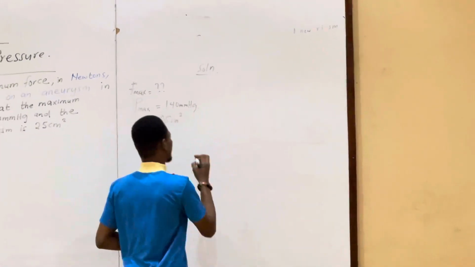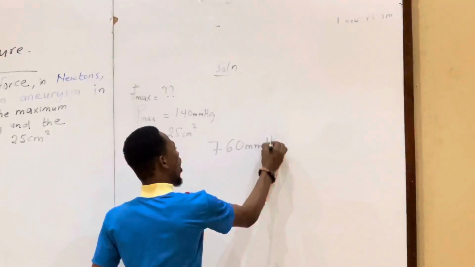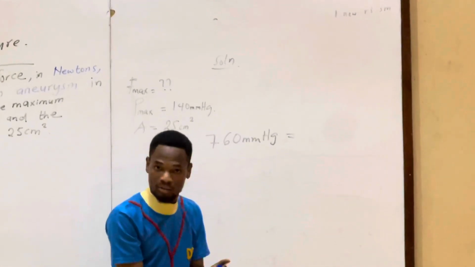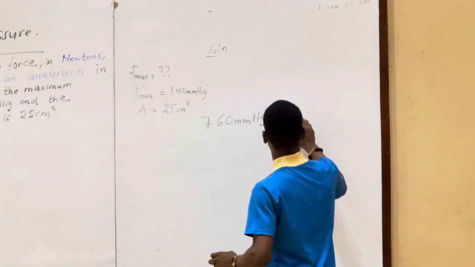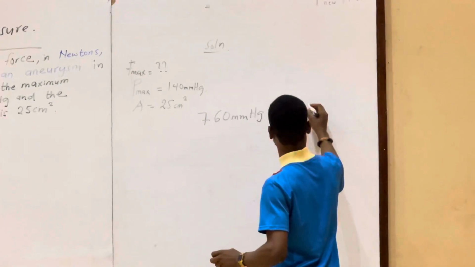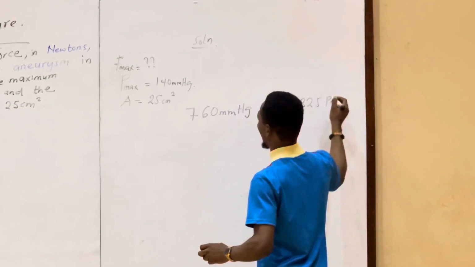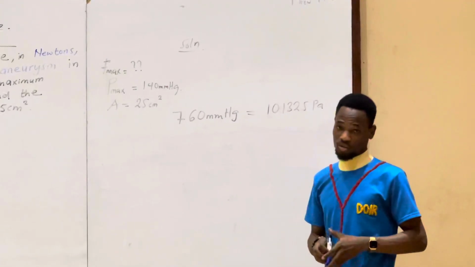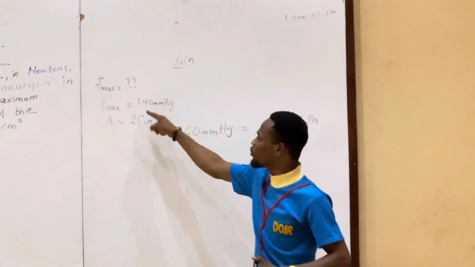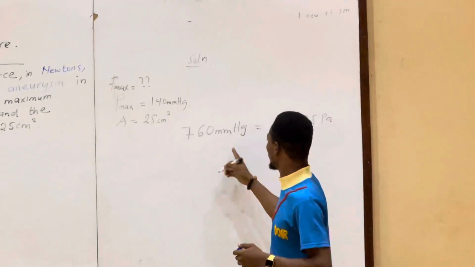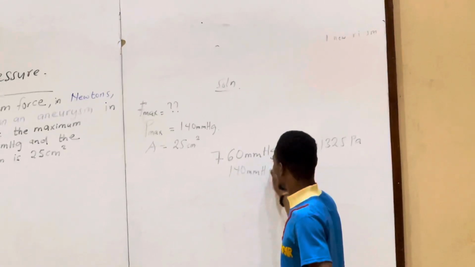Remember we said 760 millimeters of mercury in Pascal is the same as what? 101,325 Pascal. Did you get it that way? There it is. And now the question, we're given 140 millimeters of mercury. So to come here, 140 millimeters of mercury.